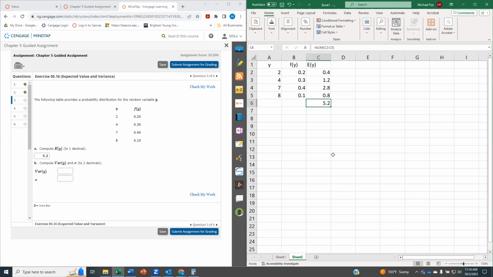In essence, what we're saying is, if there's a 0.2 probability of 2 and a 0.3 probability of 4, etc., we just multiply them out and we're finding a weighted average here. Since the probability adds up to 1, we don't have to do any dividing. We could say 5.2 divided by 1 is 5.2. But really, the expected value is just the value times the probability of getting that value, and then take the sum of all those values.